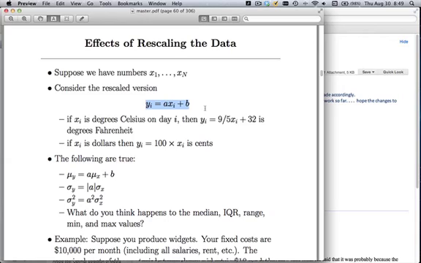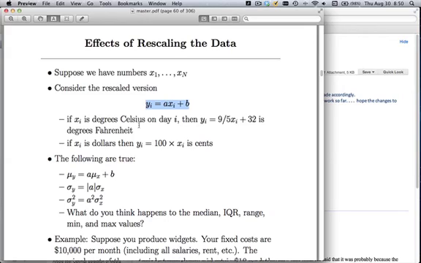Let me give you a couple examples of this. First off, changing degrees Celsius to degrees Fahrenheit. So I'm just changing units. Or if I'm going from US dollars to euros, that would just be a linear transformation because I'm multiplying by some constant. There are other examples that we're going to encounter.